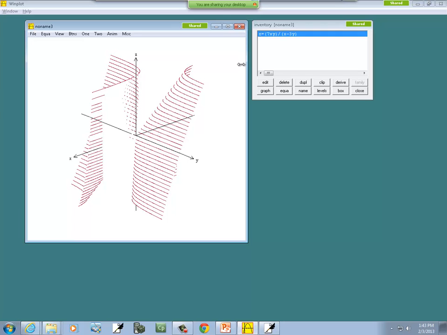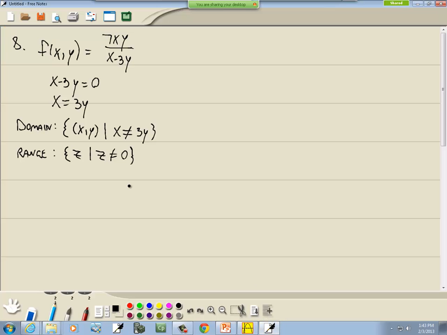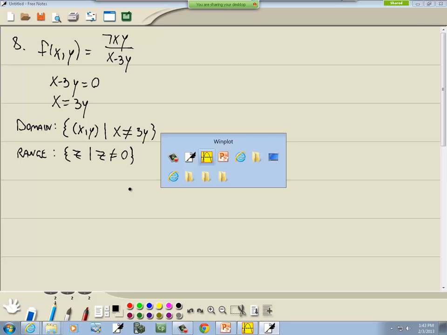But I can't seem to rotate it, so you just have to take my word for it. Either that or go to a good graphing package. I'm still figuring out how to graph 3D on some of my graphing calculators, so hopefully in the future I'll be able to recreate the video and have a little bit better view of that. But anyway, that's our domain and range.